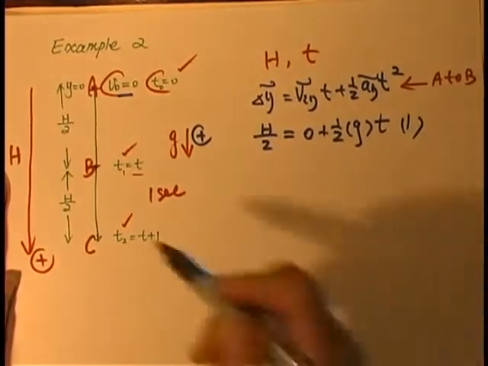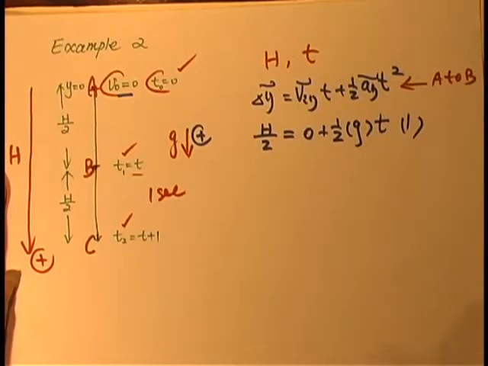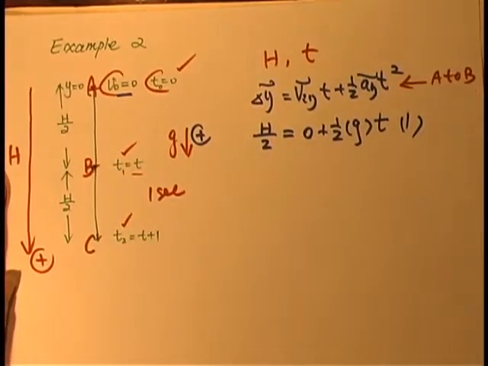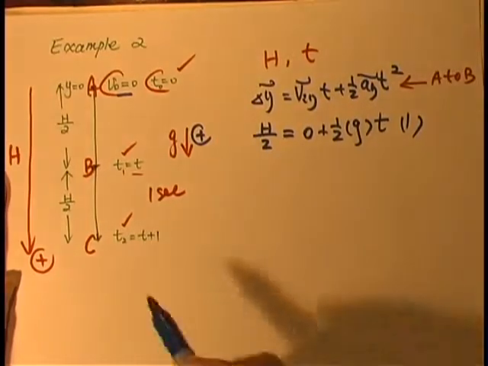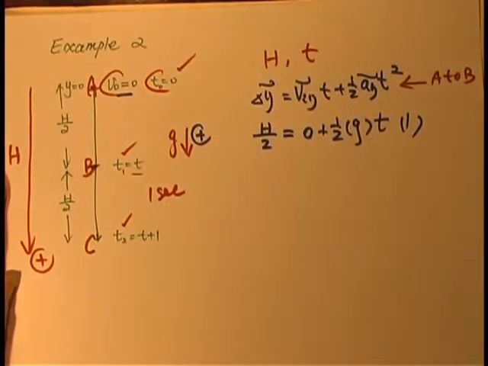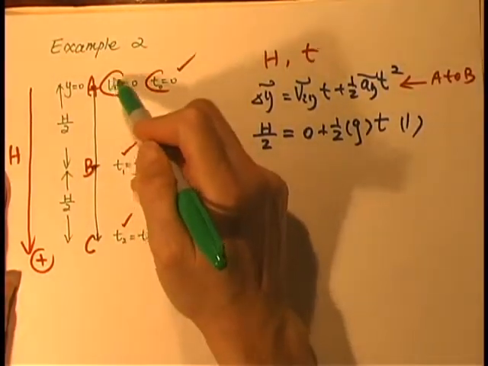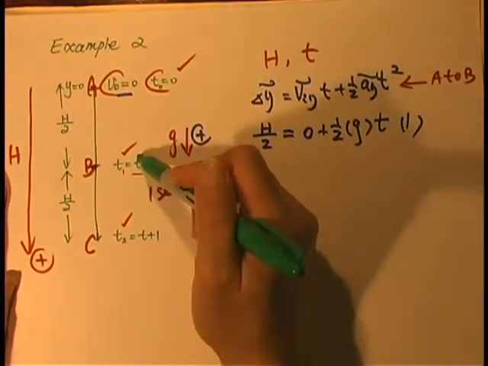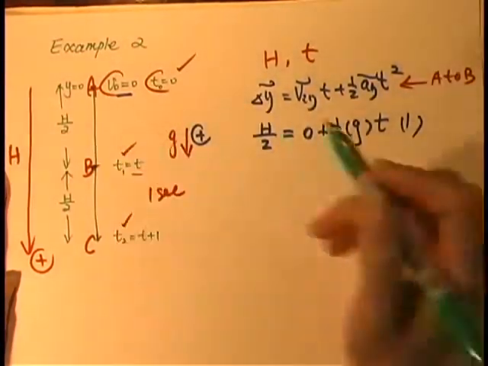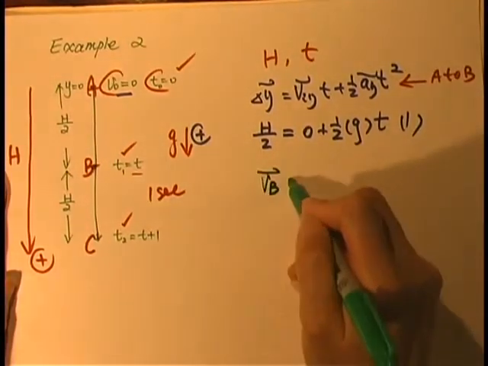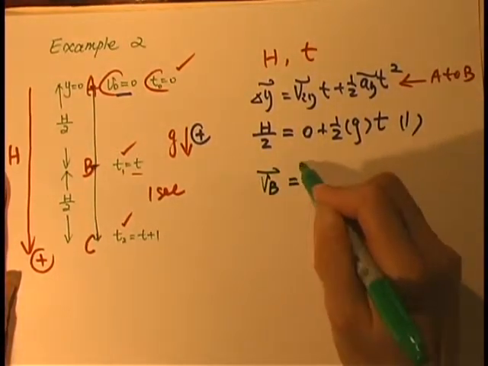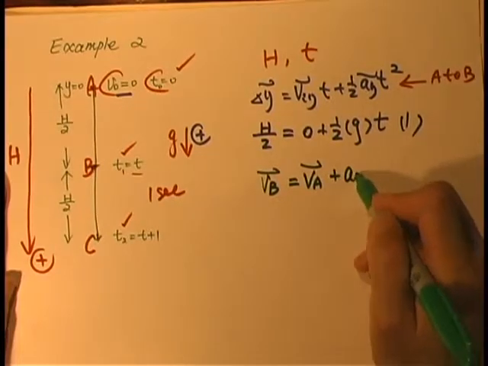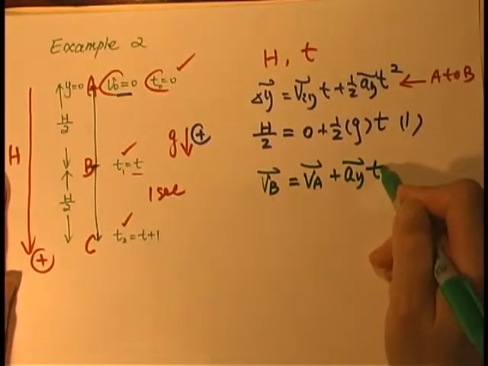Equation number 1. From B to C, the time is 1 second. Displacement is h over 2 down. But be very careful. We better figure out what the v is here. With the initial velocity equals 0, with such an acceleration, after t seconds, we should have known what vb is. So we say vb equals va plus acceleration times the time.